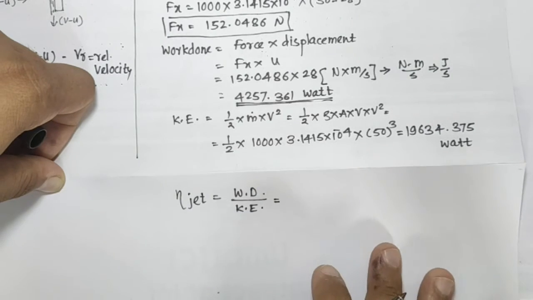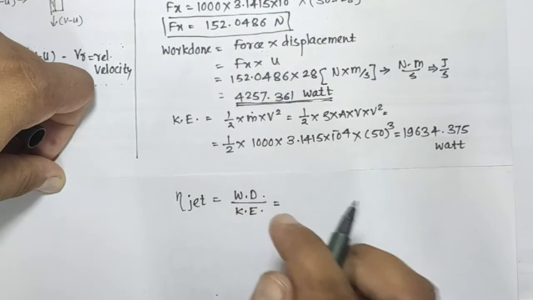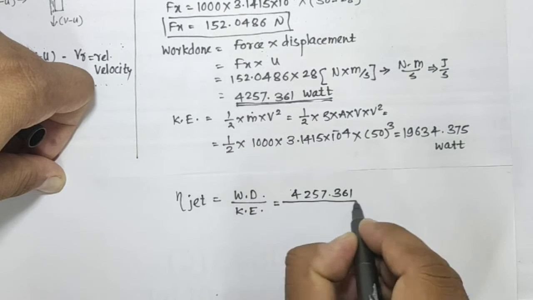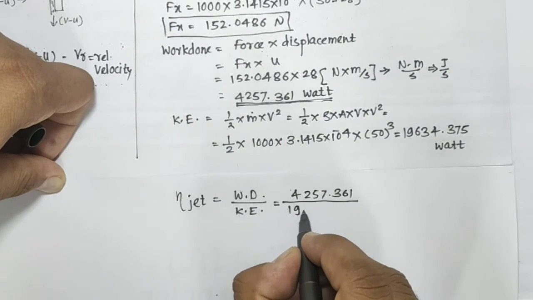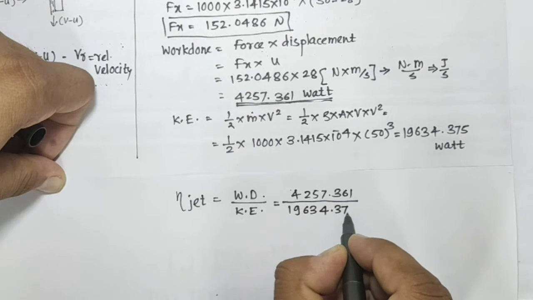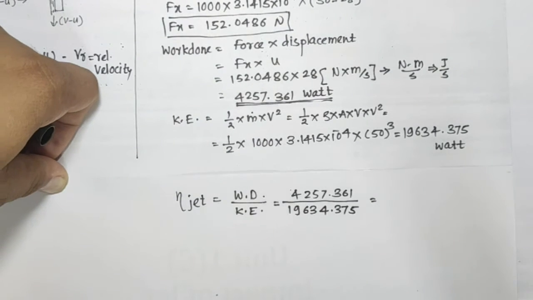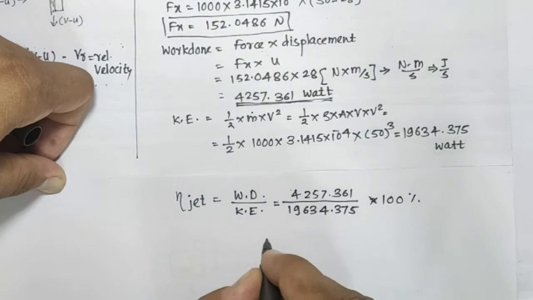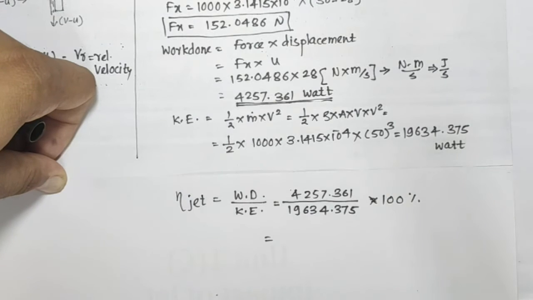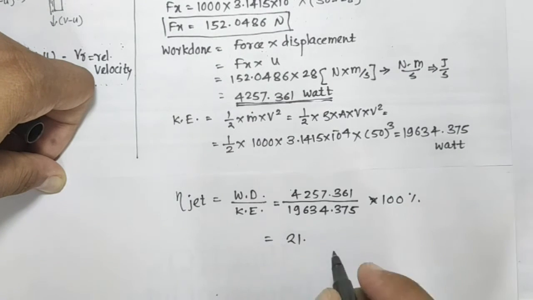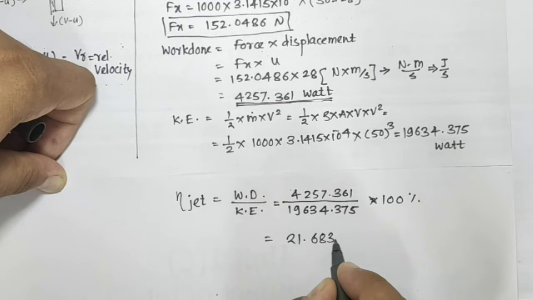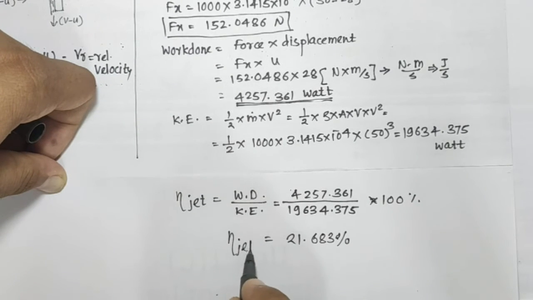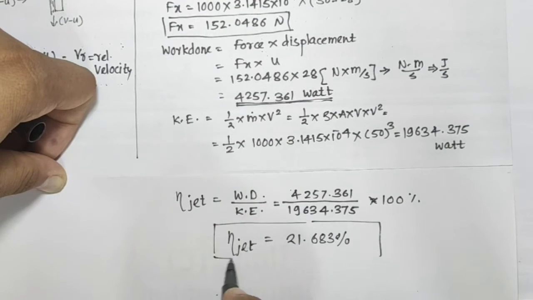The work done in this case is 4257.361, divided by the kinetic energy, 19634.375. By multiplying this by 100, the efficiency is in percentage. So this value comes like this, 21.683%. So the efficiency of the jet is this value.